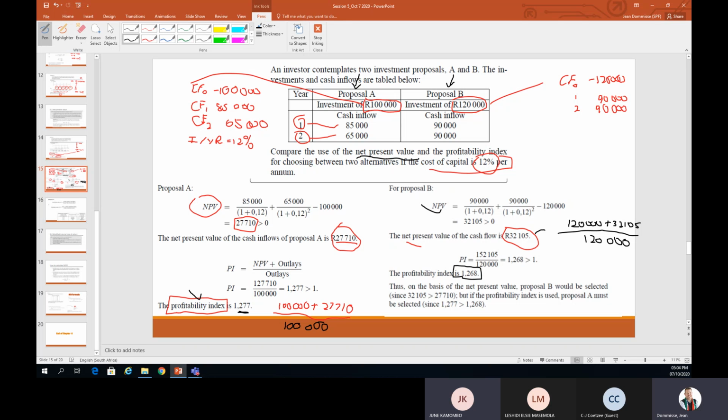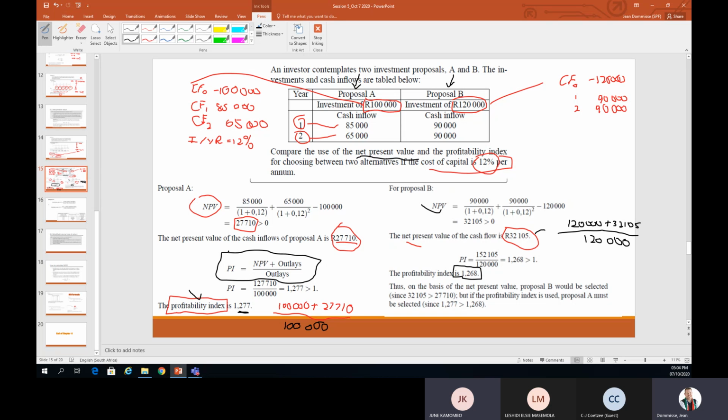I tried something, so there's no shortcut yet to work this out with the calculator. So for the profitability index, you still need to use this process. So that formula becomes very important from the profitability index point of view.